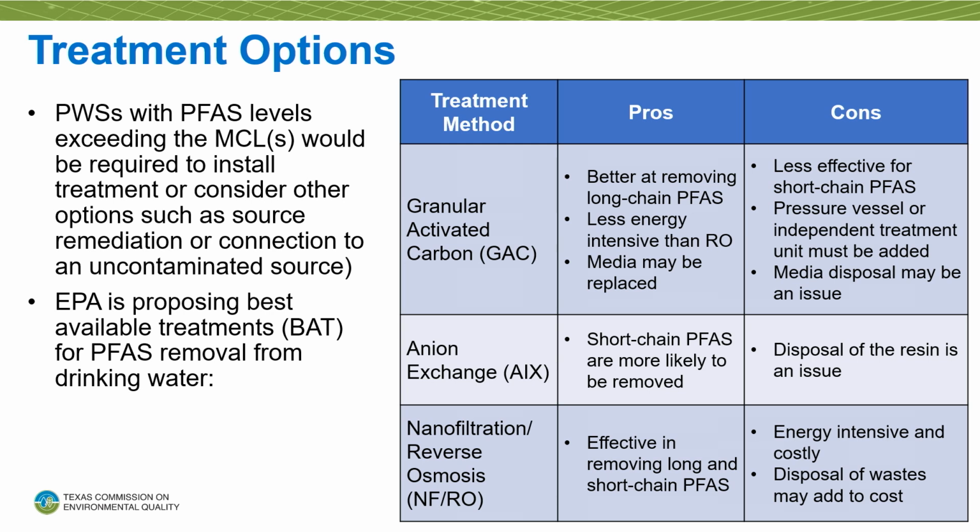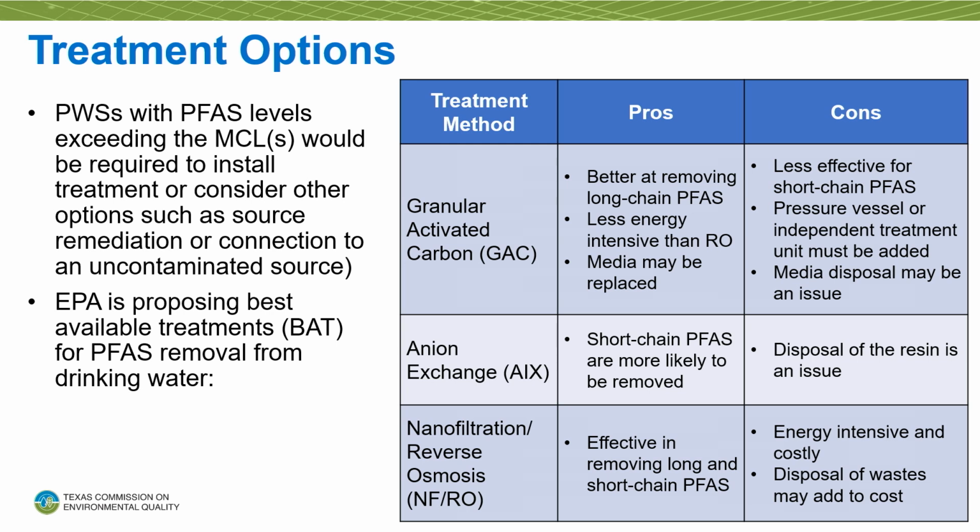There is granular activated carbon. The pros of that: it's better at removing long-chain PFAS. Long-chain PFAS is PFOS, PFOA, and PFNA. It's less energy intensive than RO, and media may be replaced.